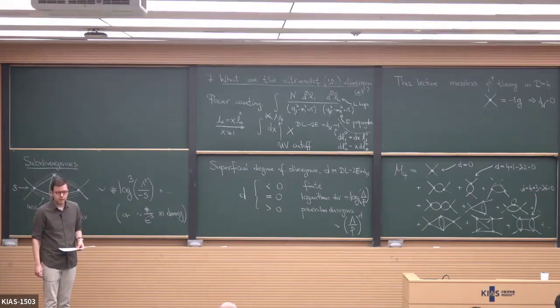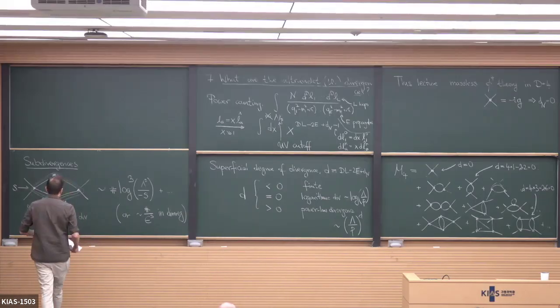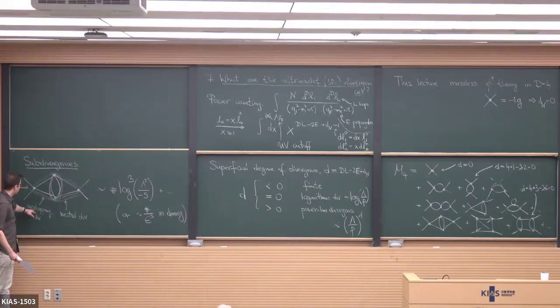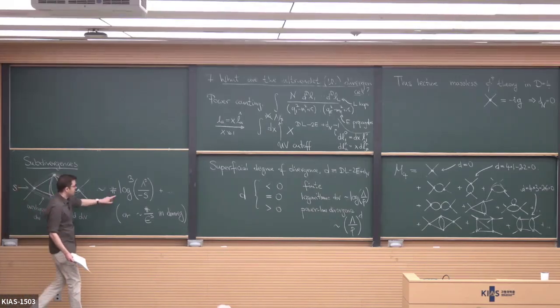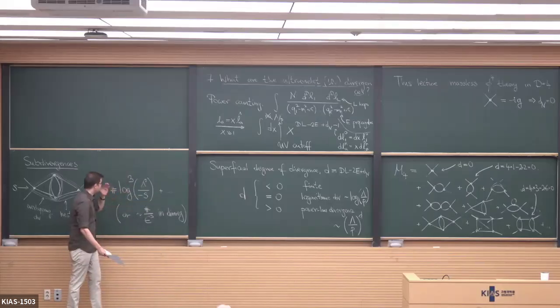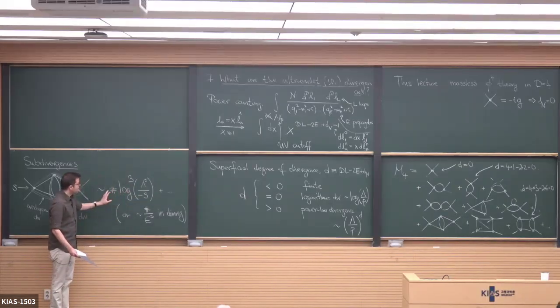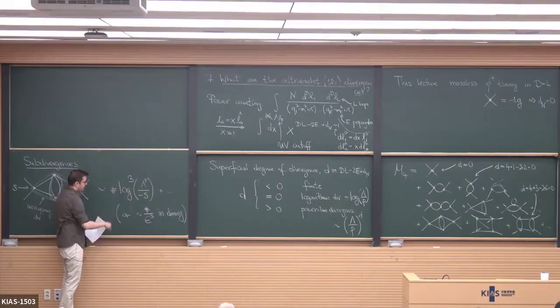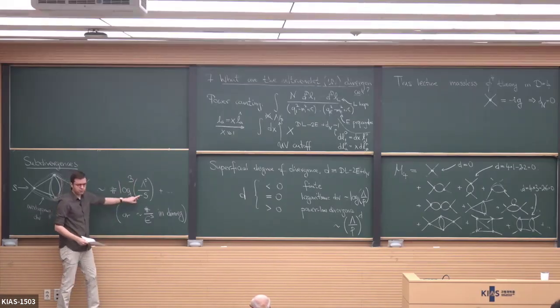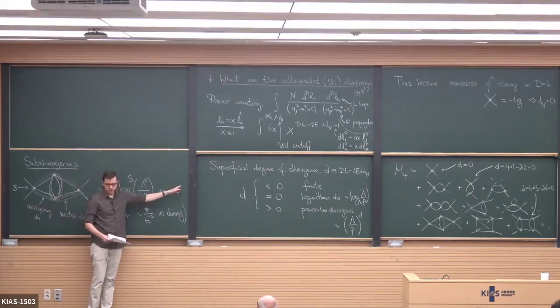Yeah, exactly. The question was about the overlapping divergences. In this case, the issue would concern the subleading terms. We would know that the expansion of this diagram is some number times log to the third power, some number times log to the second power, and then a single log, plus a constant.